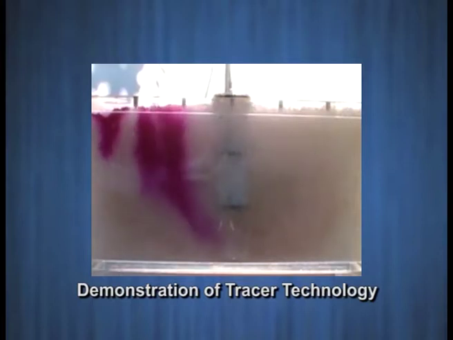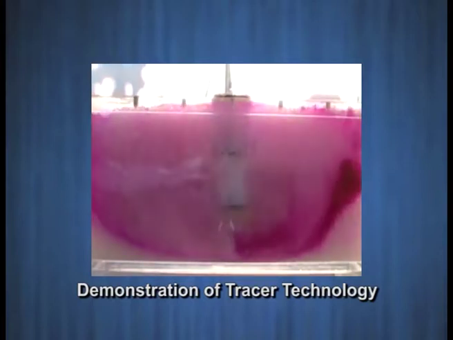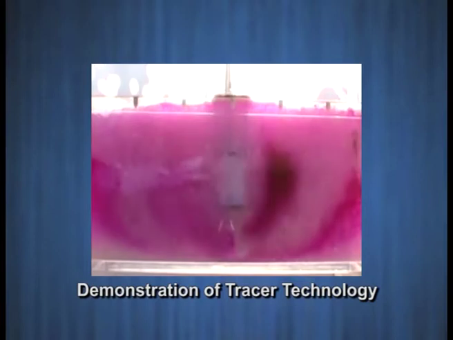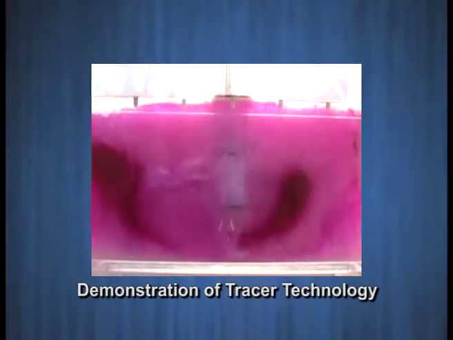By using tracer techniques, you can easily determine the velocity of flow, the direction of groundwater flow, and the hydraulic conductivity. Tracer tests are conducted in the field. We drill 2 boreholes, upstream and downstream.